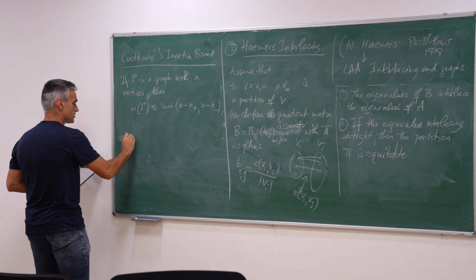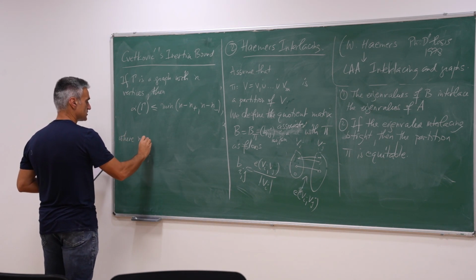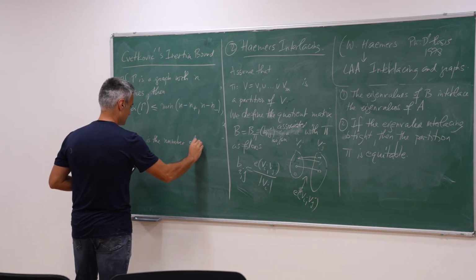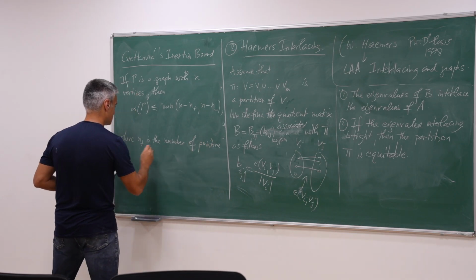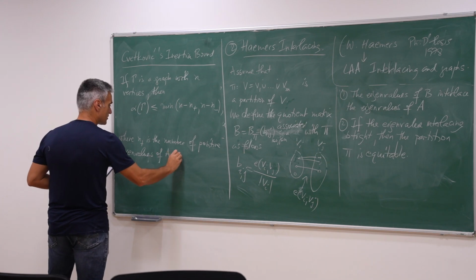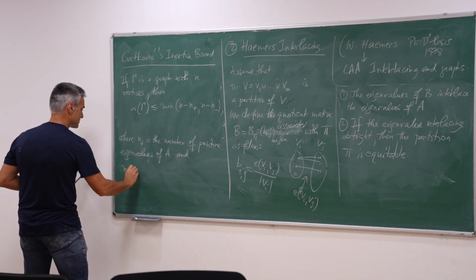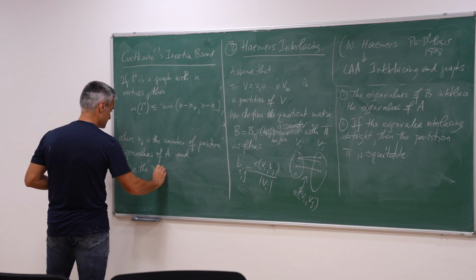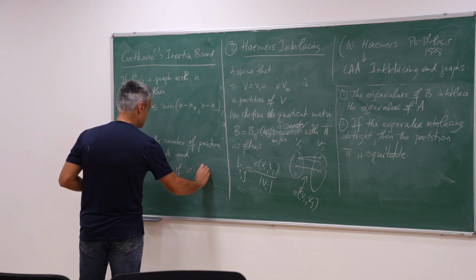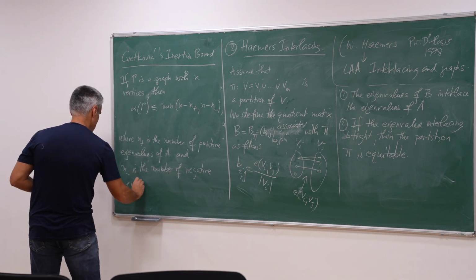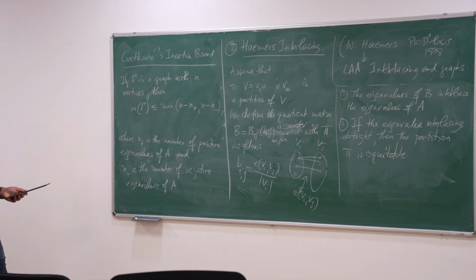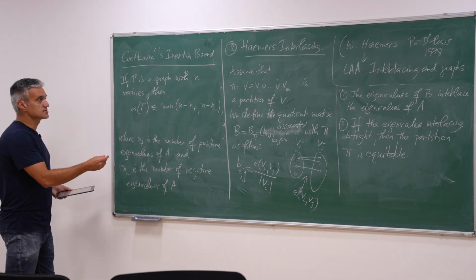where n plus is the number of positive eigenvalues of A, and n minus is the number of negative eigenvalues. And A is the adjacency matrix.